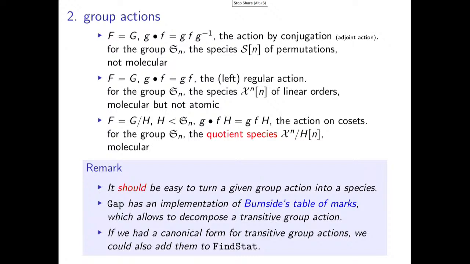Moreover, I would like to be able to decompose my species into a sum, and give the decomposition of the species into atomic and molecular species. All the machinery is there. We just have to put it together. We just have to play a little Lego.